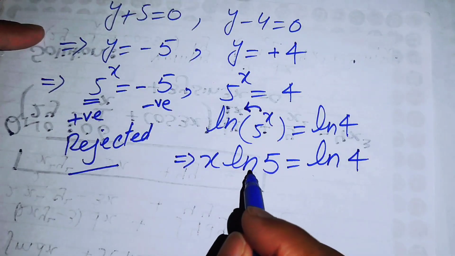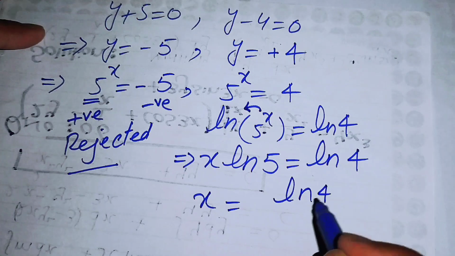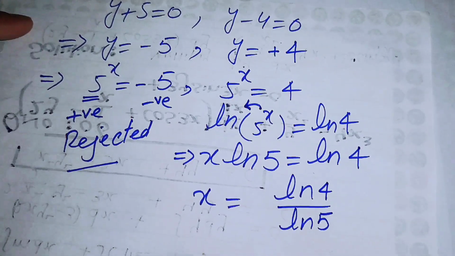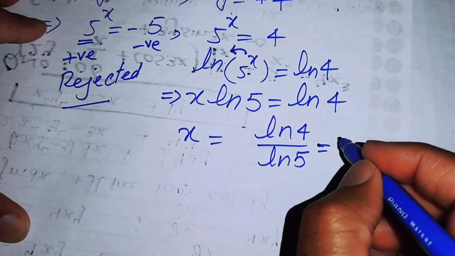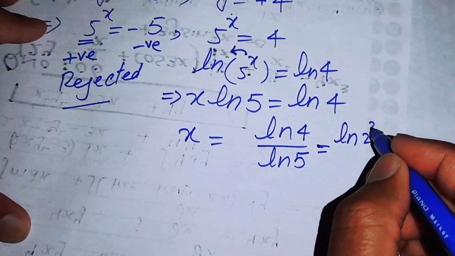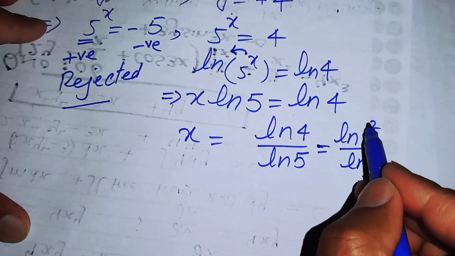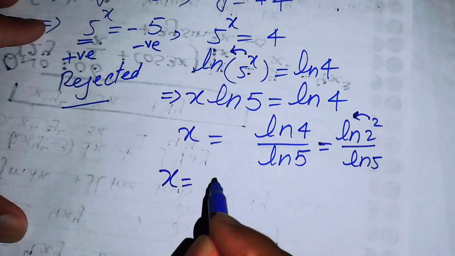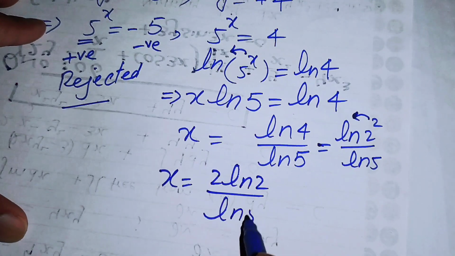Now we move log 5 to the right hand side, and it becomes log 4 over log 5. After that we can rewrite it as log of 2 squared over log of 5, and again applying the property of the log, x is equal to 2 times log 2 over log 5.